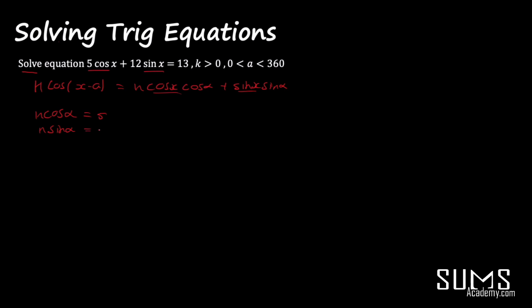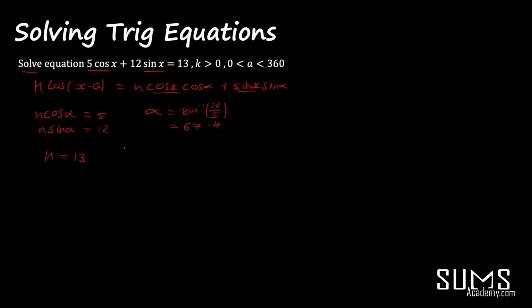5, 12, then k. Well, we know this is a 5, 12, 13 triangle, so it's going to be 13. Sorry if I'm skipping steps, but I just want to get on to the fun part. And then alpha is going to be equal to tan minus 1 of 12 over 5, which is equal to 67.4.